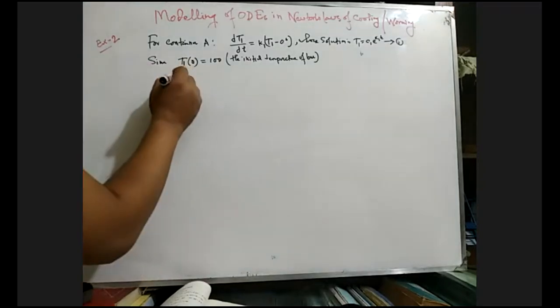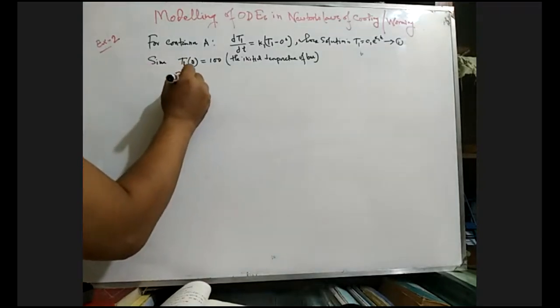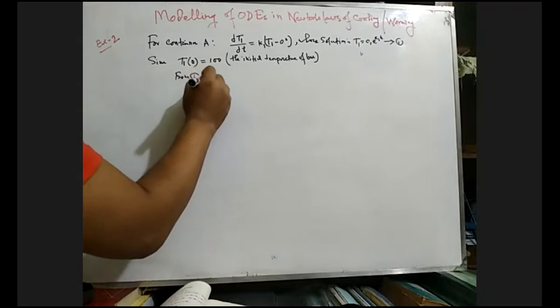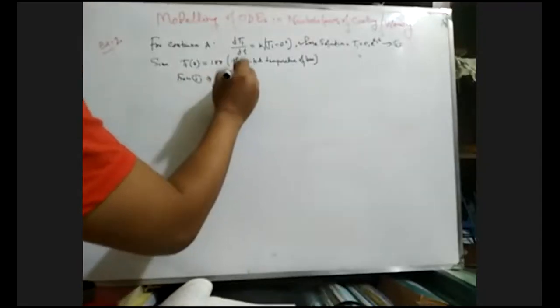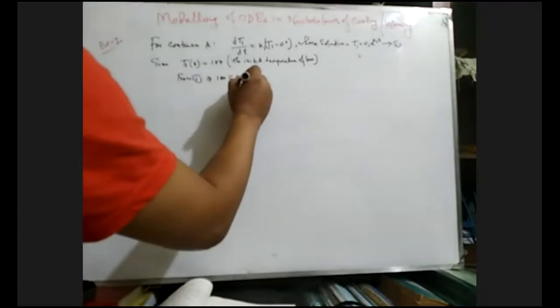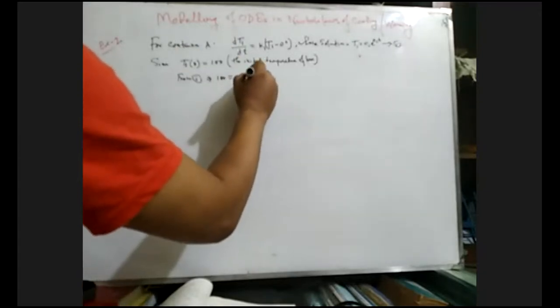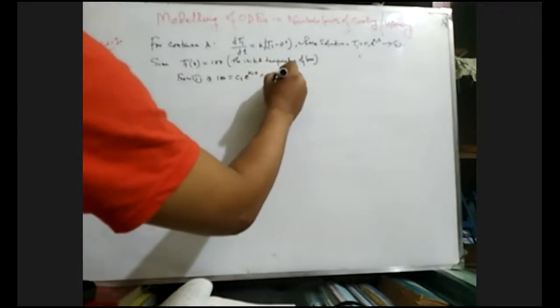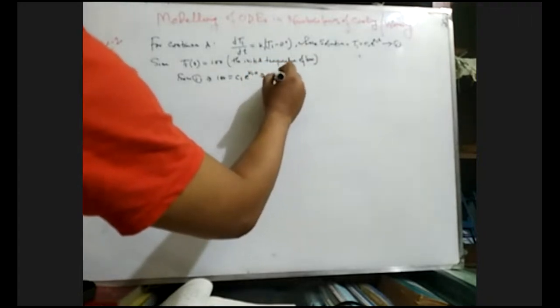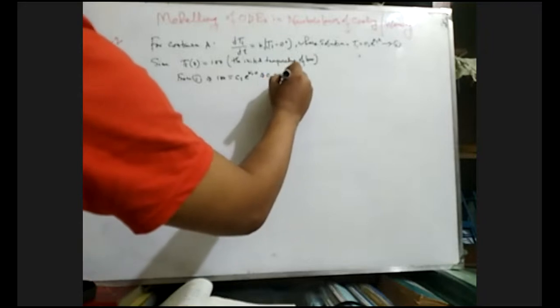So from equation 1, we can write T1 equals 100 equals C1 e to the power k1 into 0, which equals C1. This implies C1 equals 100.